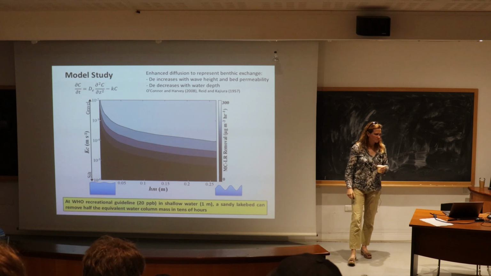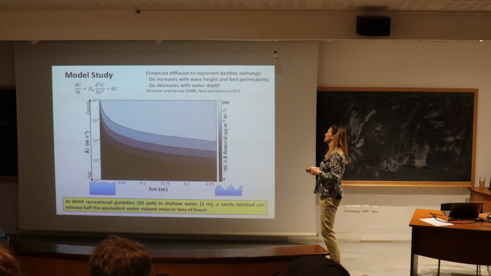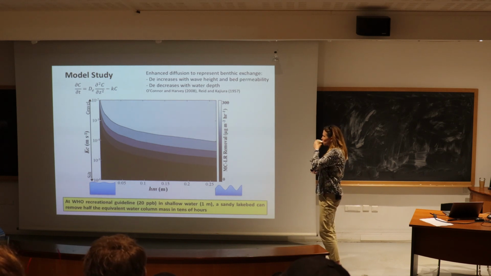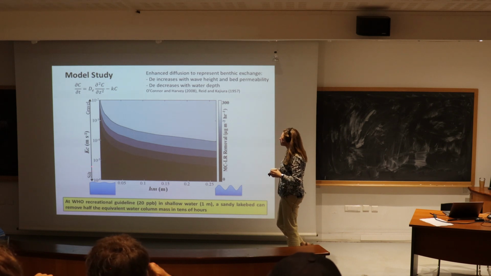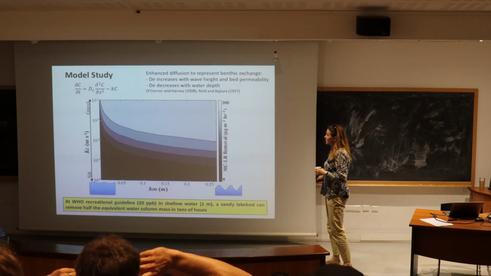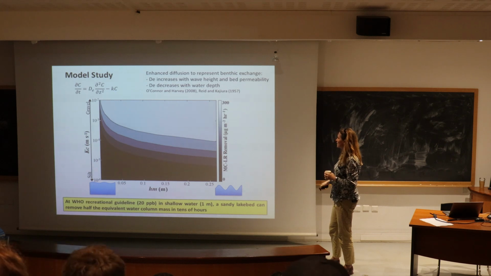in the sediments. And so we could again put together a mathematical model with a little enhanced dispersion coefficient. And what we see is that as we go to more permeable sediments or to basically bigger waves, we get a lot more removal, and we quantified that removal.